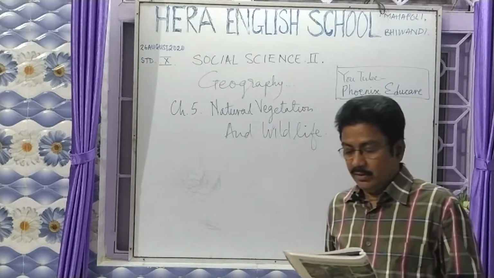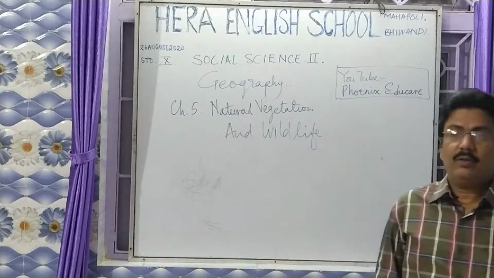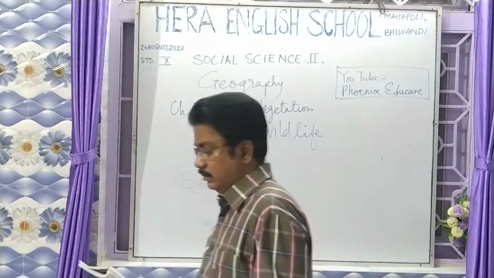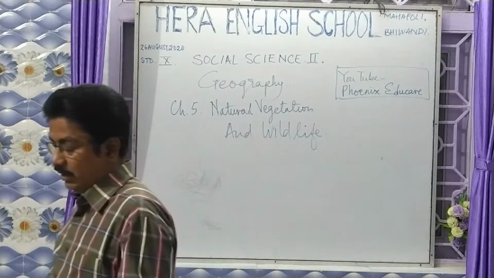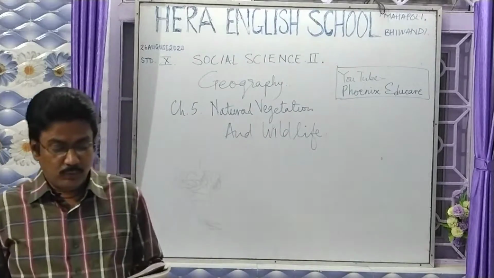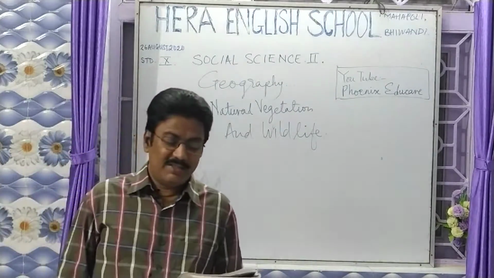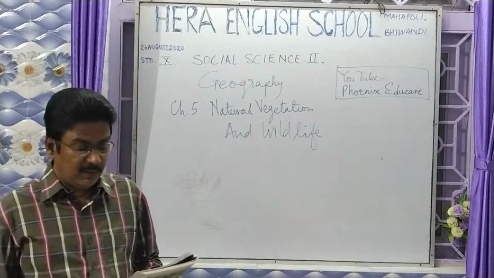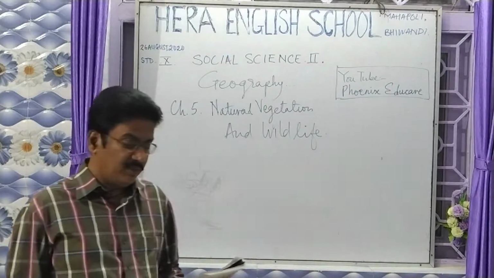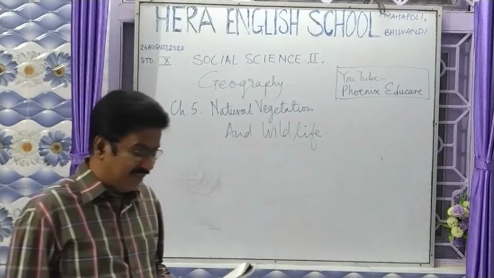India receives a good amount of rainfall, and various types of trees are available. Durable, heavy and large hardwood trees, the mahogany tree, the rosewood tree, the rubber tree, and various types of creepers are also available. High biodiversity is found in the forests of India.